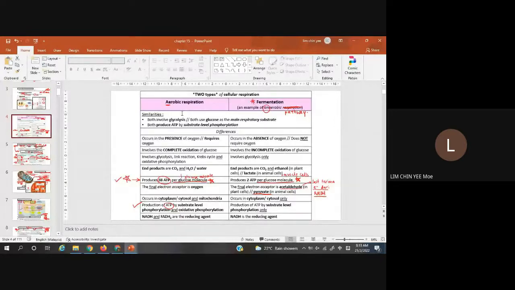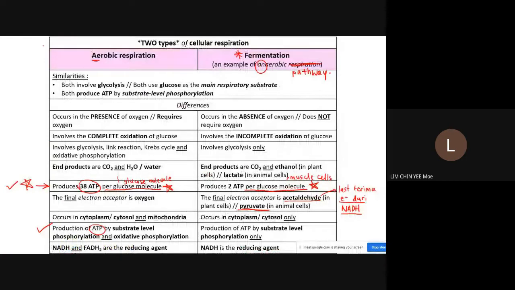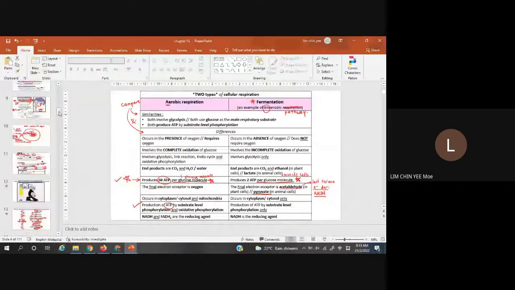Compare differences, you only give differences. But if they say compare only, compare aerobic and fermentation, then you have to give both similarities and differences. You have to give both. Okay, I hope all this is clear to you.